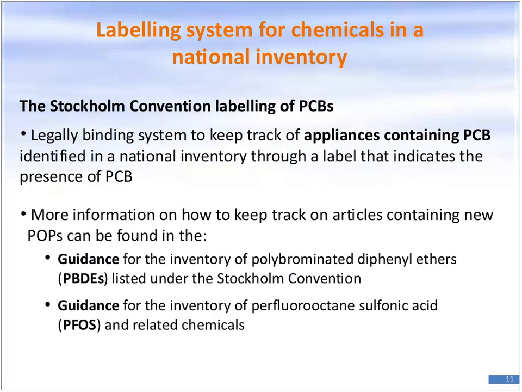At the end of the analysis, there are some labeling systems or information systems which you use when you make a national inventory of chemicals or POPs. For example, in the Stockholm Convention for the labeling of POPs, you are obliged, when you have done your inventory and you want to keep track of the appliances, transformers for example, that contain PCB, to label it actually on the transformer, and that indicates that this contains PCB.